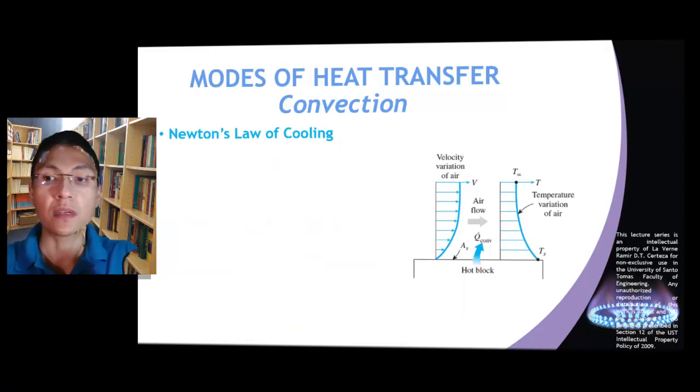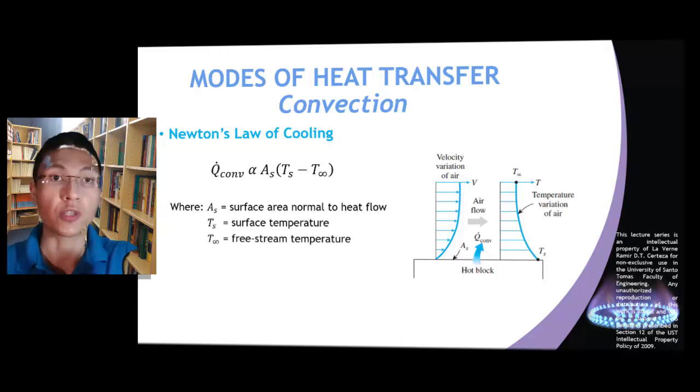Now that we have discussed how heat convection occurs, let us now tackle how to compute for the rate of heat transfer from a surface. Newton's law of cooling is the principle governing the convection process. This law states that the rate of heat convection is directly proportional to the surface area and to the temperature difference between the surface and the surrounding fluid.